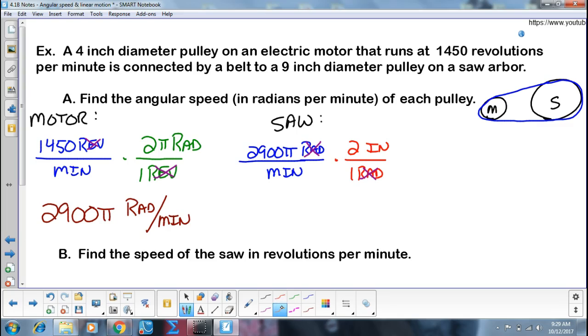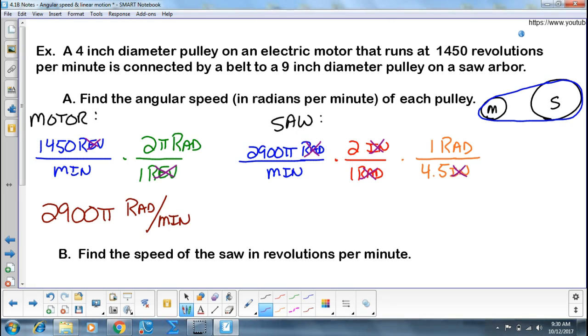So the saw now has a 9-inch diameter pulley. So on the saw, 4.5 inches is 1 radian. And I'm back now into radians per minute. Okay?